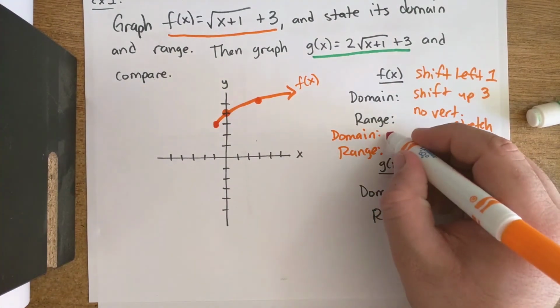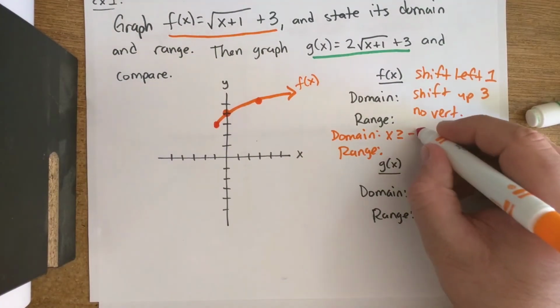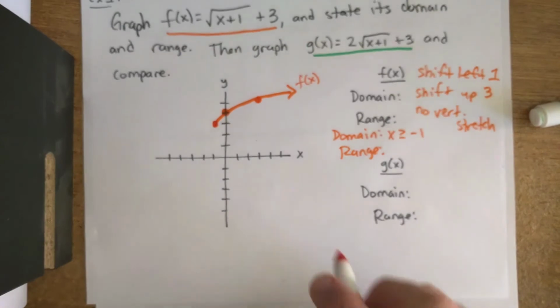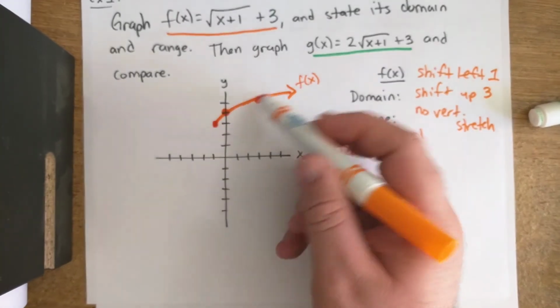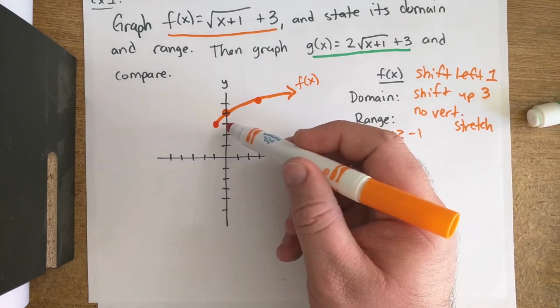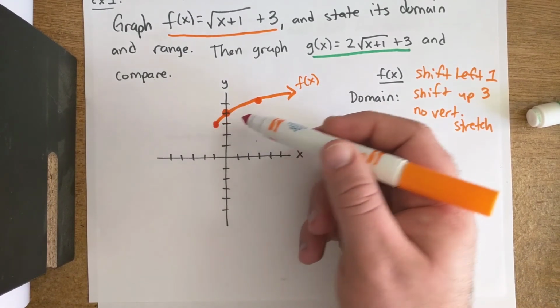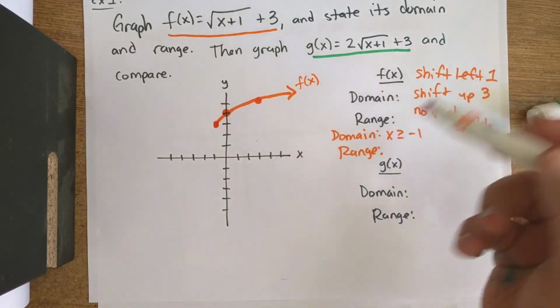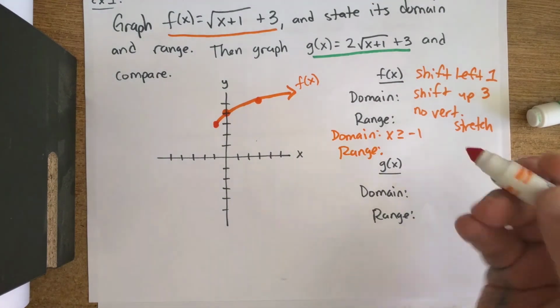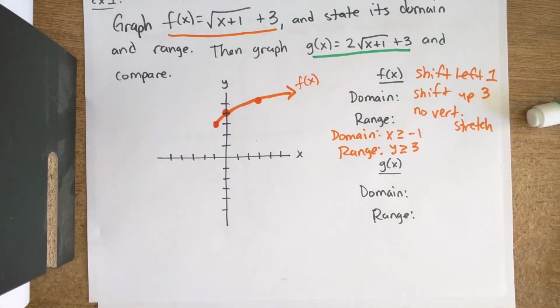So our domain is all x values greater than or equal to -1. And then our range for f of x, well, this graph doesn't start on the y-axis until it hits 3. That's our lowest point, so our lowest y value is 3. But once we hit 3, the graph goes up forever, meaning infinitely. So it's all y values greater than or equal to 3.